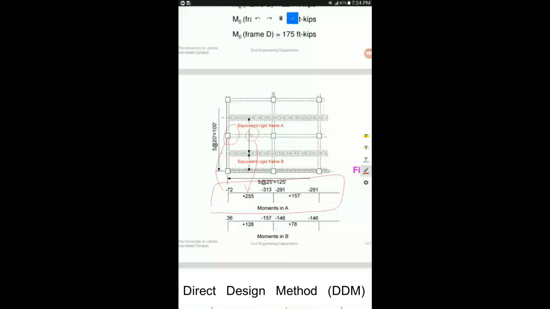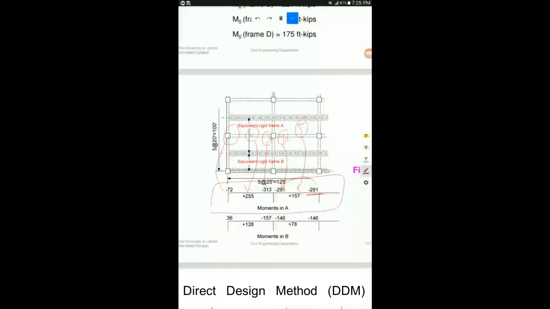At the interior support we have two different moments, this is the 3rd and this is the 4th, and then this is the 5th one. We already discussed that the 4th and 5th are the typical ones, and you don't need to find this one. It will always be a repetition of the location 4 moment.